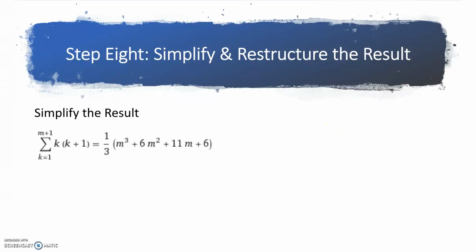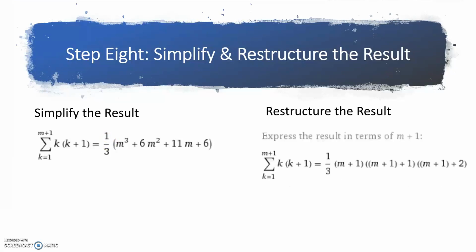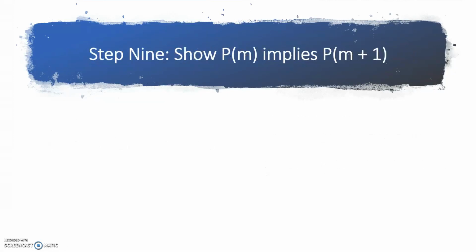First, we simplify the result, which just means you do the calculation. It's very straightforward. Then we do the second step, restructure the result. We have to re-express the result in terms of m plus 1. So you reduce the formula as much as possible and replace terms with m plus 1.